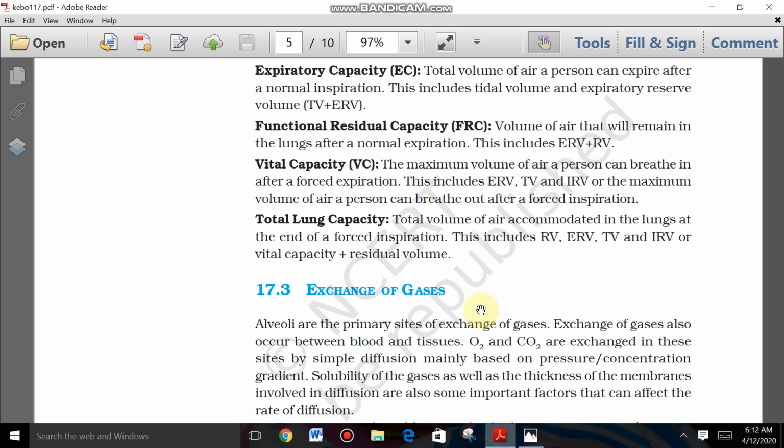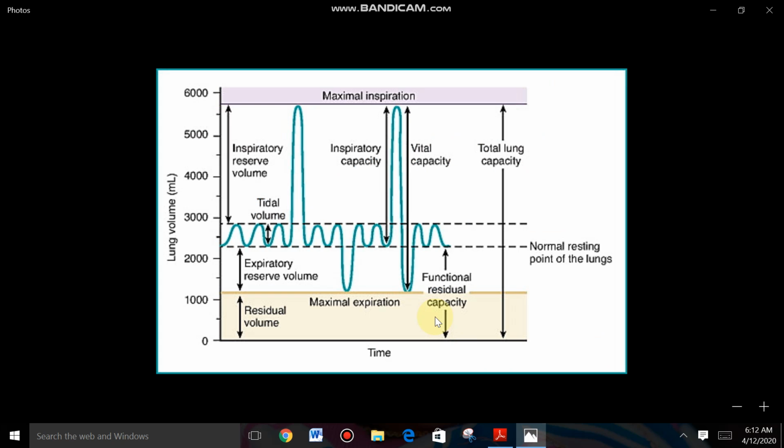So the definition given here is the maximum volume of air a person can breathe in after a forced expiration. This is the forced expiration point. From this, how much volume of air a person is able to inhale, from here to the maximum inspiration point, that is called vital capacity.